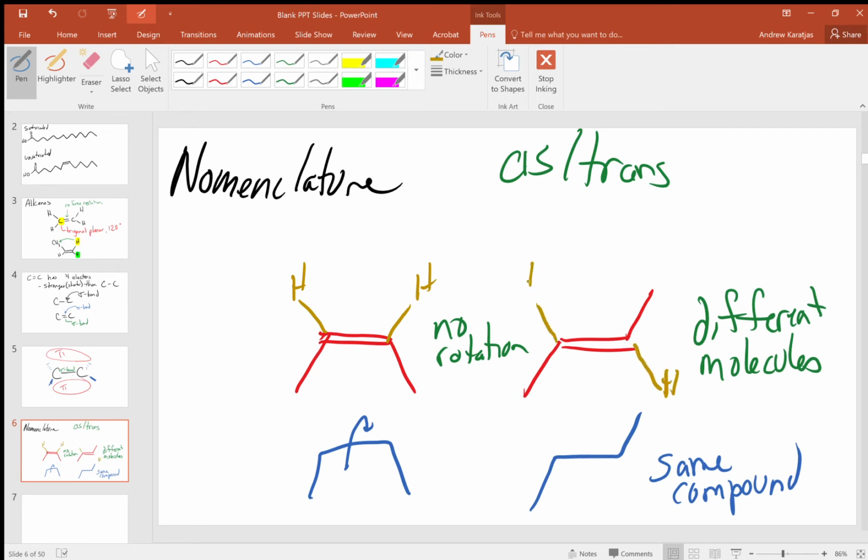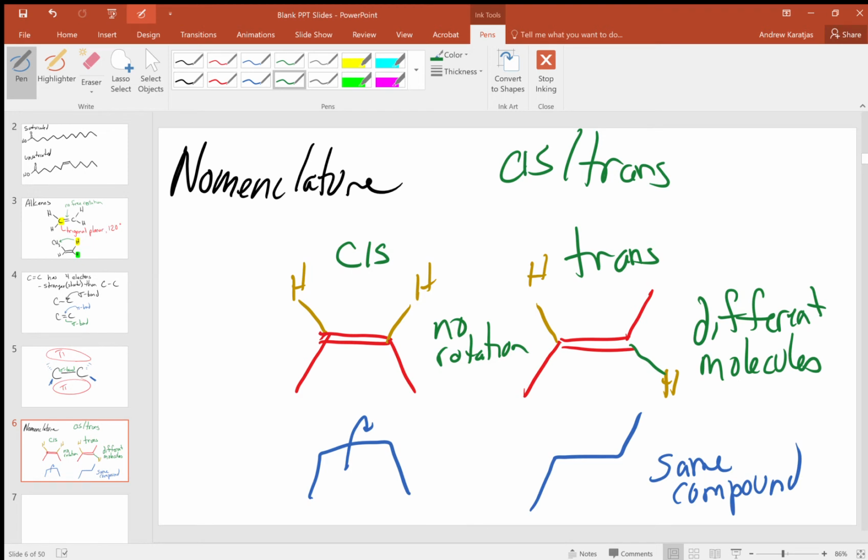The one on the right, the hydrogens are on opposite sides. So when they're on the same side, we call this cis. When those hydrogens are on opposite sides, we call them trans.